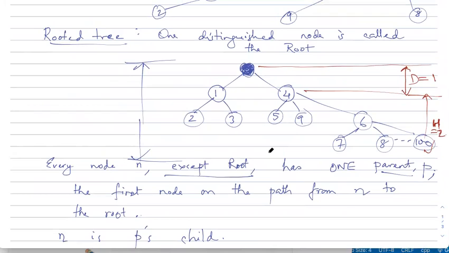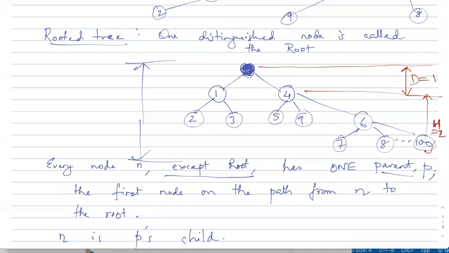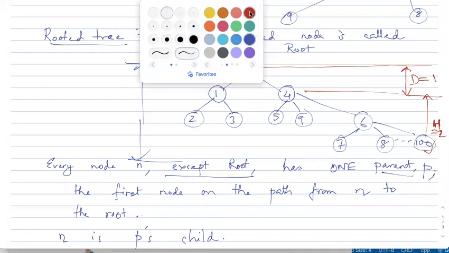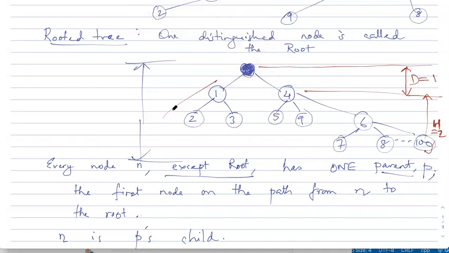So what would be the subtree rooted at 1? So the subtree rooted at 1 would be this guy. So this would be a subtree rooted at 1. So you have to take that and then take all the descendants of that.